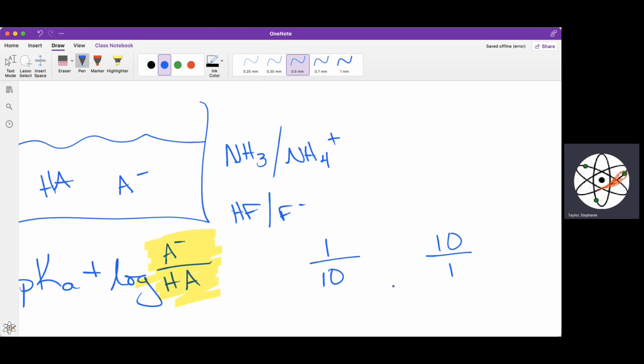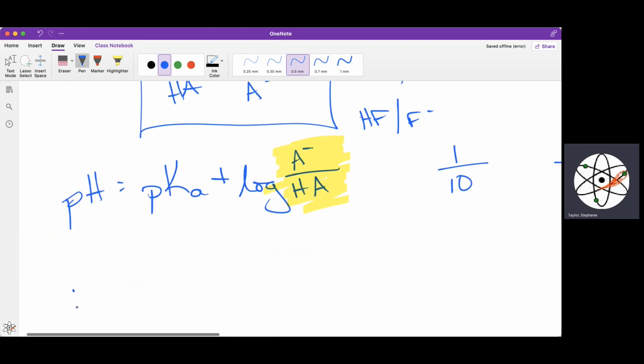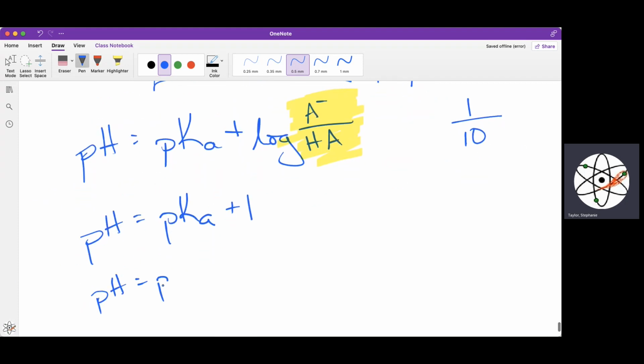If we plug those values into the logarithm, we get pH equal to pKa +1, or pH equal to pKa -1. That's where the notion of pH equal to pKa plus or minus 1 comes from.